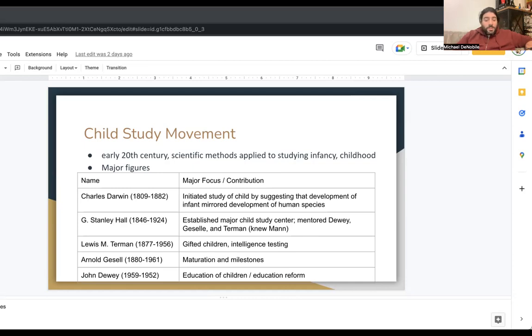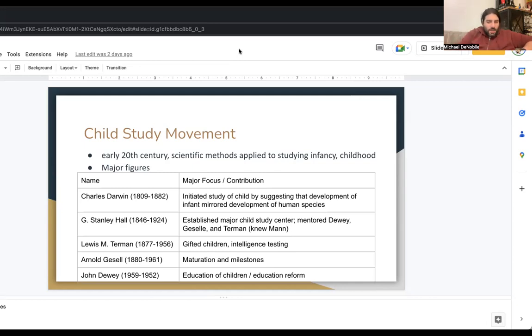Gesell looked at maturation and milestones, and then John Dewey talks a lot about education reform in its purest form. John Dewey pushes for the education of children within this common school movement, that you have to start early in order to make vast strides in education later on. Whenever we think of education reform, John Dewey is the central individual, especially during this time.